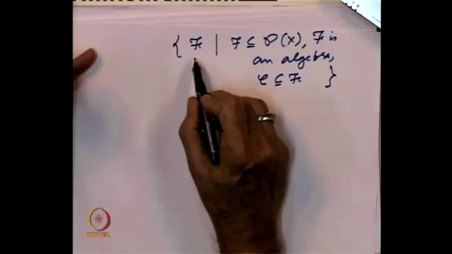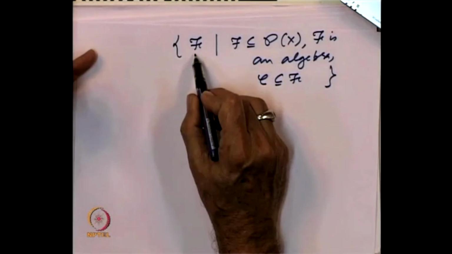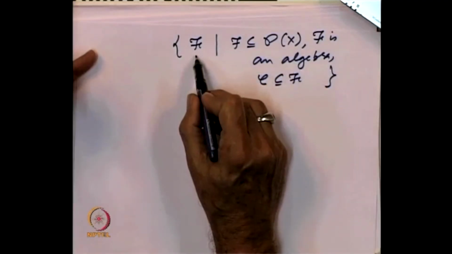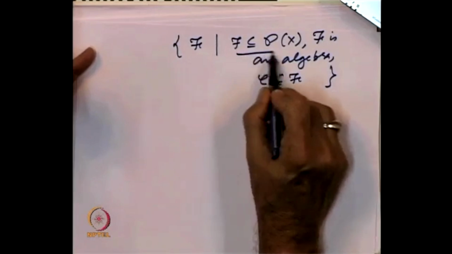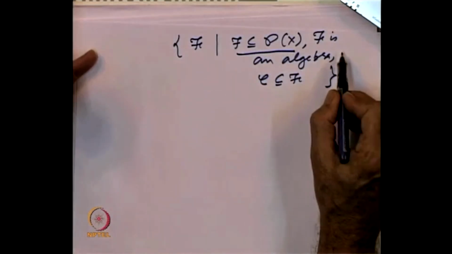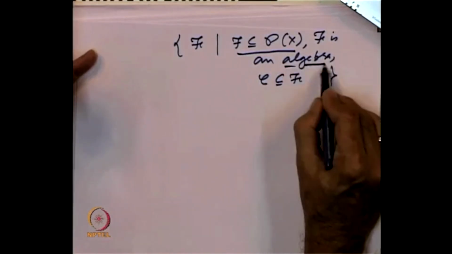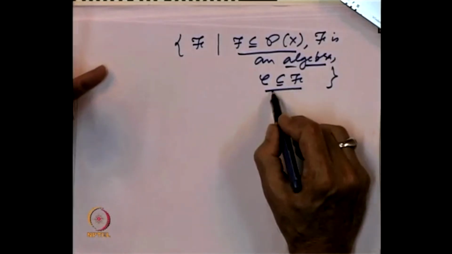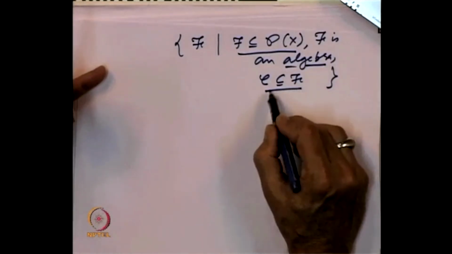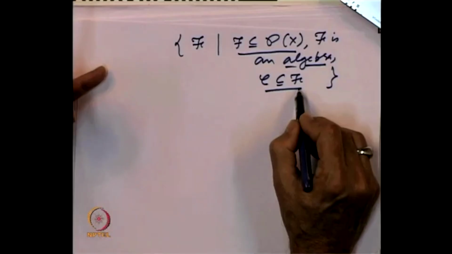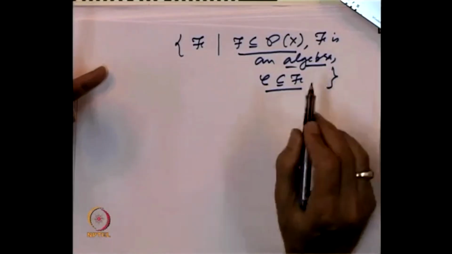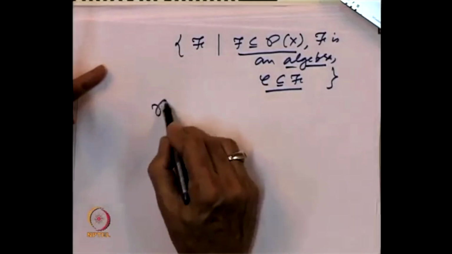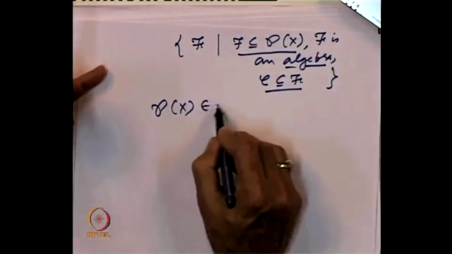So let us collect all those collections of subsets of X, call them F, such that F is an algebra and includes C. So it has two properties: C is inside the collection F, and F is an algebra.